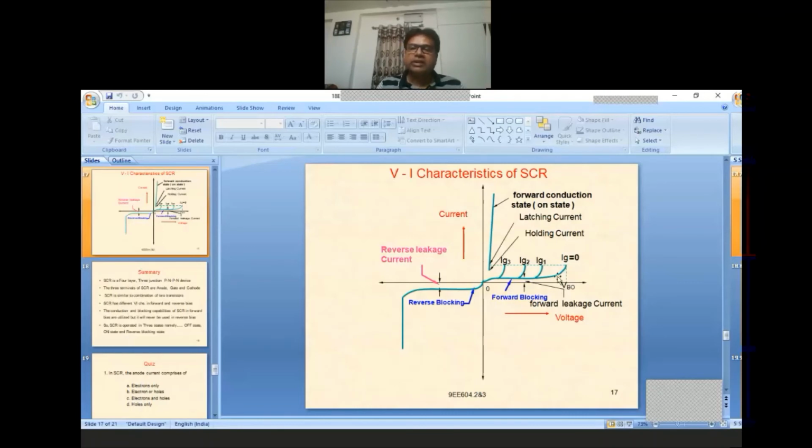In this region, you can control the characteristics of the SCR and its turn on times. That is why it is called a controlled rectifier.